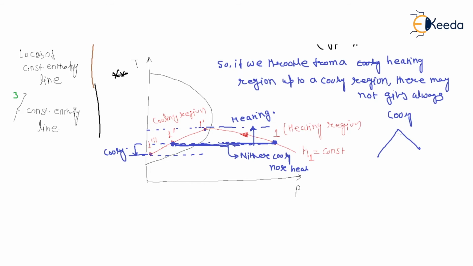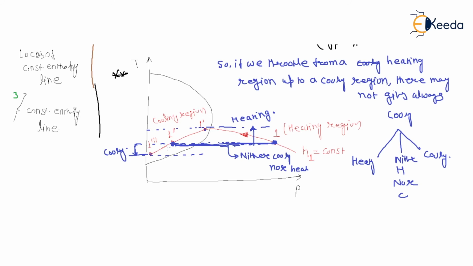This may give either heating, neither heating nor cooling, or cooling. So if you find the cooling effect, we throttle the maximum throttling possible, but practically it is not done.